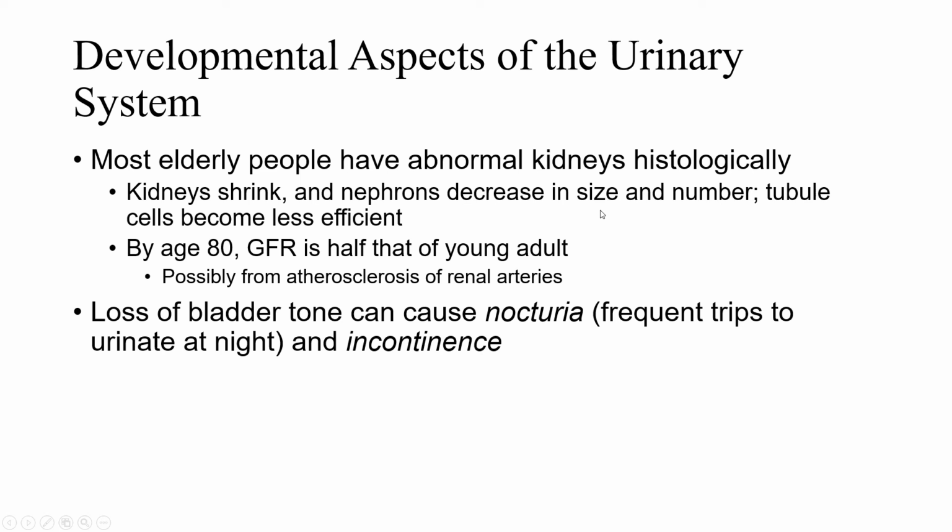So at 80, the glomerular filtration rate is going to be half of that of a young person. And this can be associated with atherosclerosis of the renal artery. You can also have loss of bladder tone, which will cause frequent trips to the bathroom at night, and you'll see urinary incontinence, which can also develop earlier in women who've had babies.